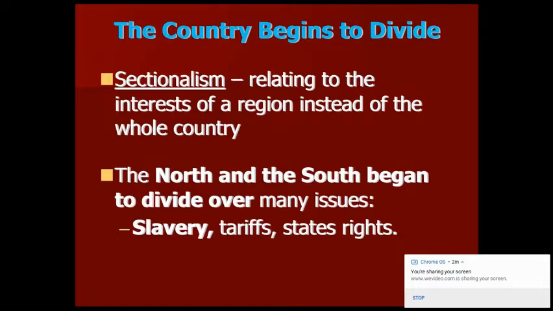So they start to divide themselves out over many different issues. Slavery is the obvious one. So the North doesn't have slavery, and the South has slavery. The North values industry, commerce. The South starts to focus more and more on agriculture with the work done by the slaves.